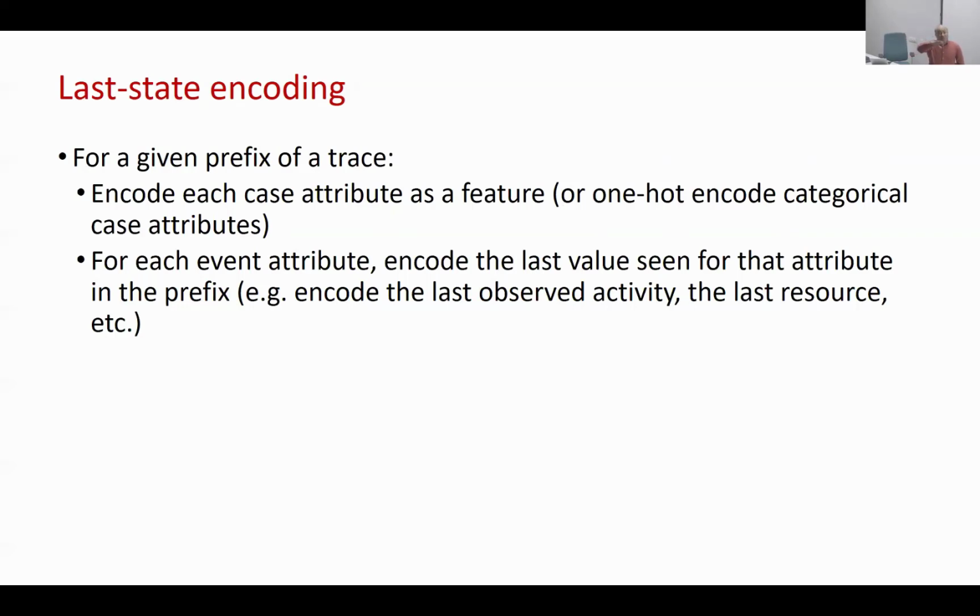So these are case attributes because their value is basically, in practice, not going to change during the execution of the case. So for a given prefix and a given case attribute, that prefix will only have one value for that attribute. And then you can easily encode it. If it's a number, you put it in the feature vector. If it's a categorical value, like for example gender, male or female, then you will encode it as a Boolean, 0, 1.